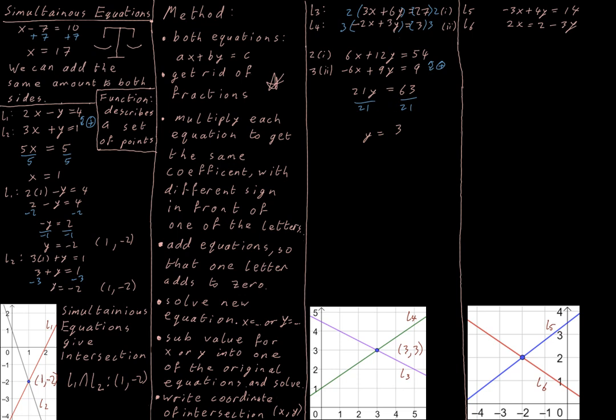Now I take that y and I go back into one of my original equations. I'm going to take the second equation, so I'll call that L4. I could also call it equation 2. And I'm now going to sub that in. So minus 2x plus 3 times 3 is equal to 3. So I have minus 2x plus 9 is equal to 3. Rearranging my equation to get x by itself.